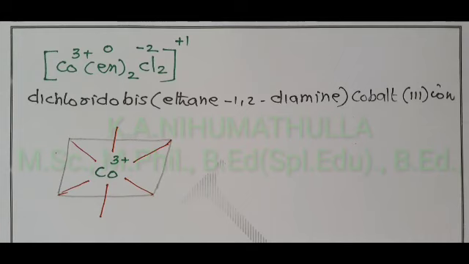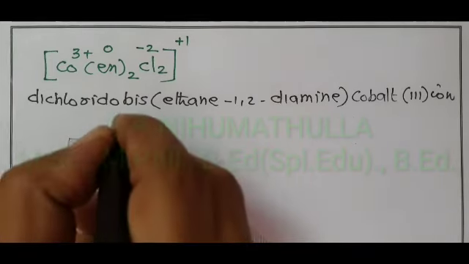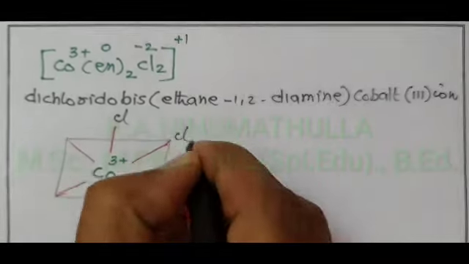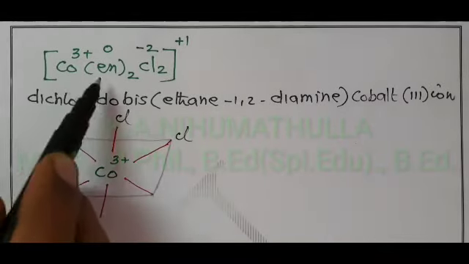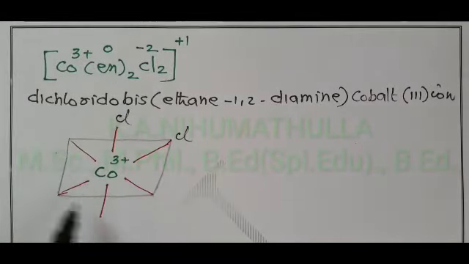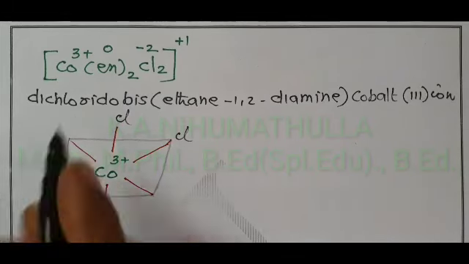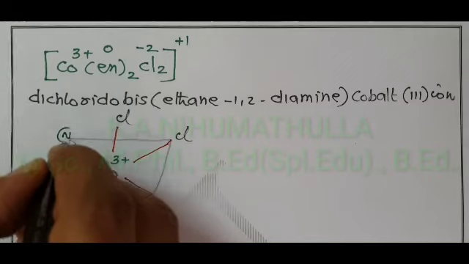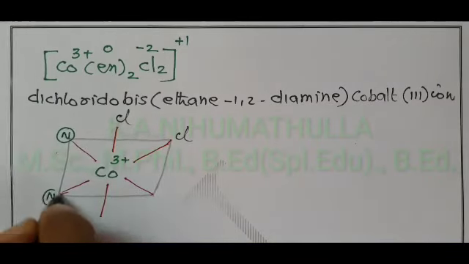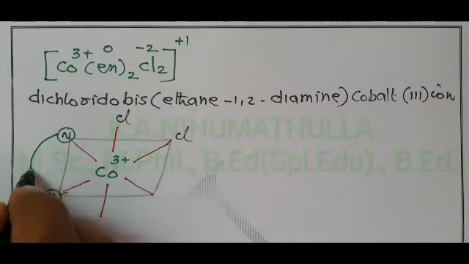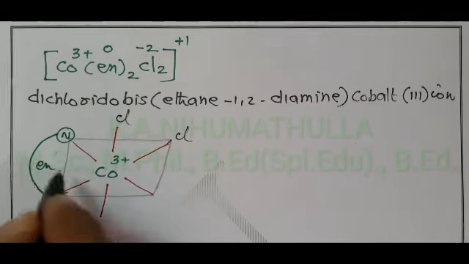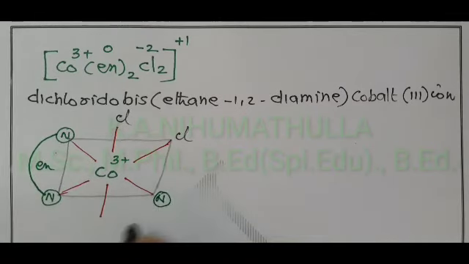If the two chlorine atoms are in 1,2 position, here you have one chlorine, here you have one chlorine, and the two ethane-1,2-diamine occupy the other positions. Nitrogen is the donor atom in ethane-1,2-diamine, NH2, CH2, CH2, NH2.